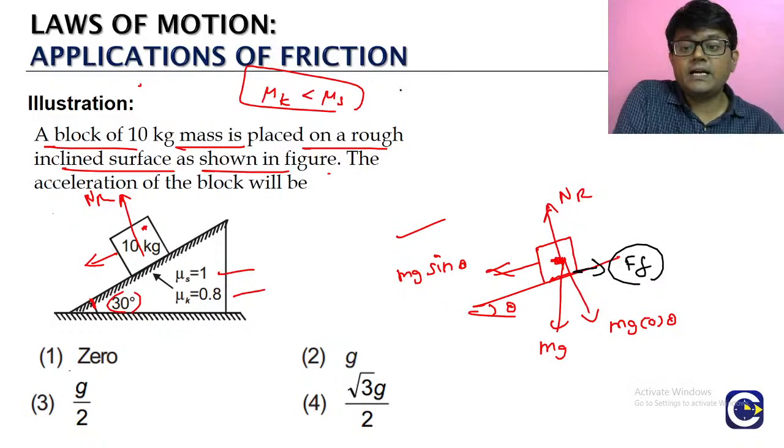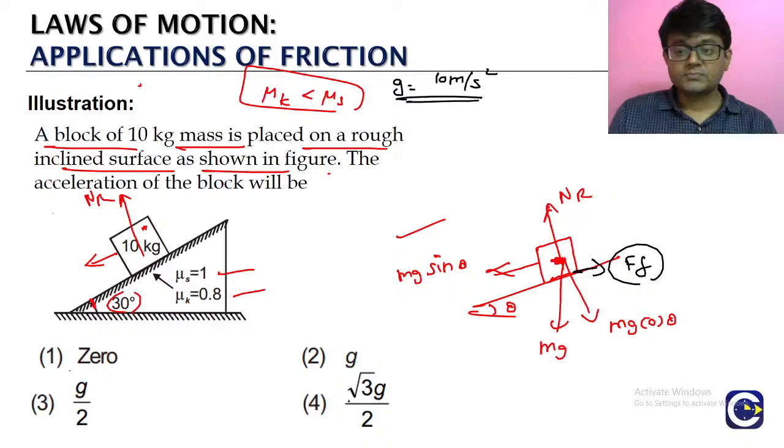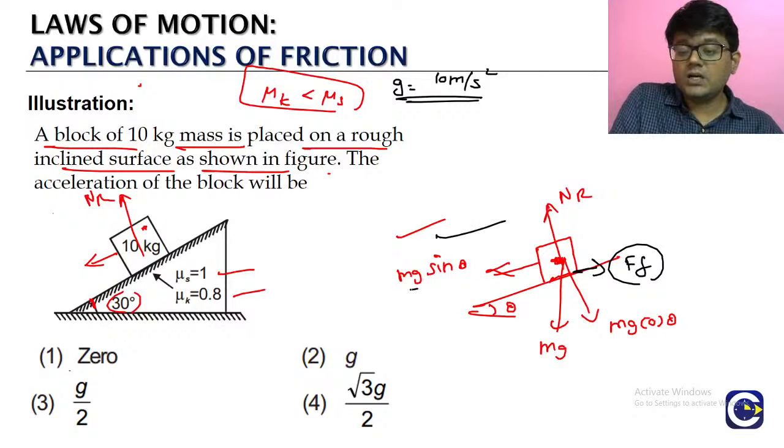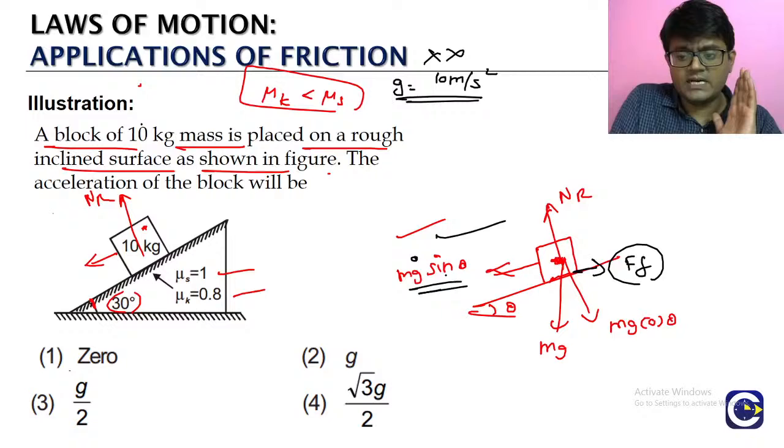Now let us substitute the values and see. Can we take g as 10 meters per second squared? Here we might not even require the value of g to be substituted. What is the down-the-plane force that is trying to move the block? Let us keep g as it is, because in the answer also they are giving g. M we will keep as 10, because they have given us the mass is 10.